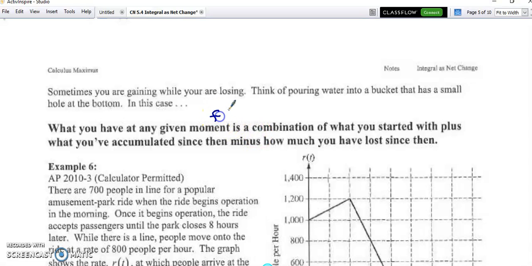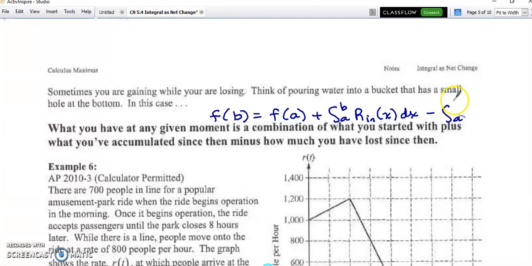So if we think of that going back to our FTOC and how we were using that to calculate, how much I have at the end is going to equal how much I had at the beginning plus the amount that I gained from A to B. So we might call this rate in, r_in of x dx, so there's some rate function that describes what comes in, minus how much you're actually losing, your rate out function, whatever that is, dx.